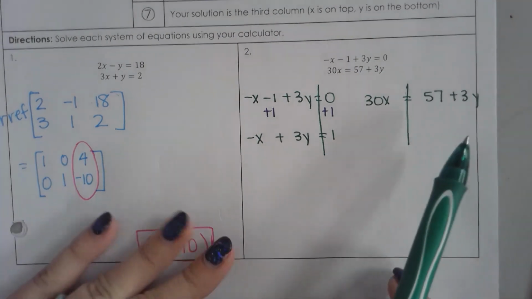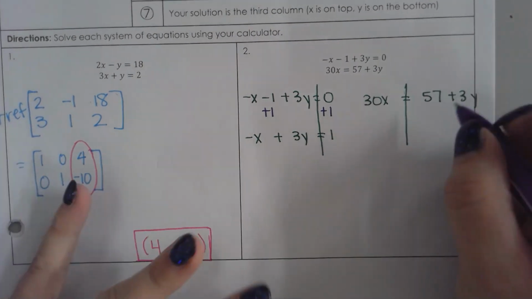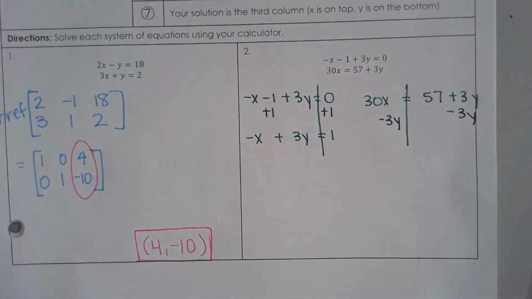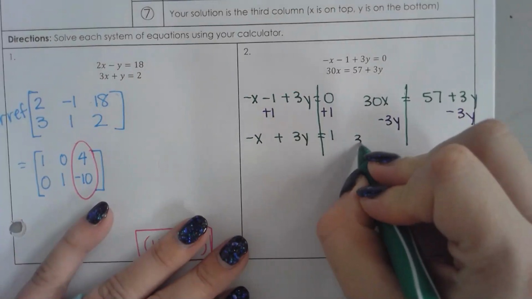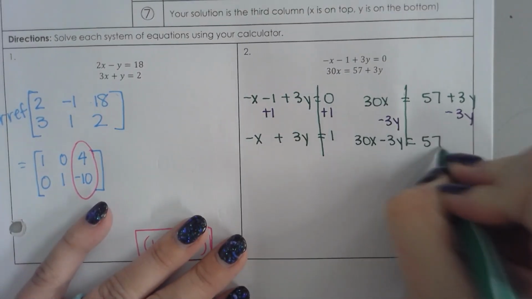What do I need to move over? 3y. So I'm going to subtract the 3y. Your x has to come first, so 30x minus 3y equals 57.